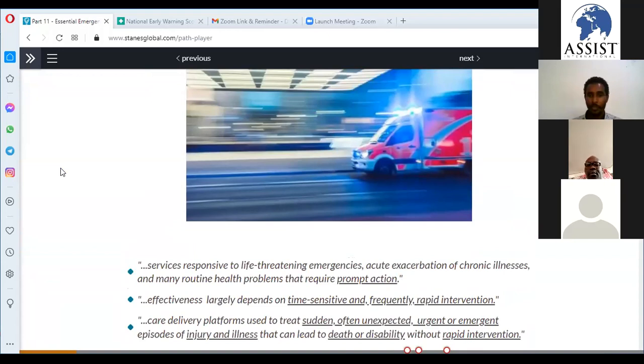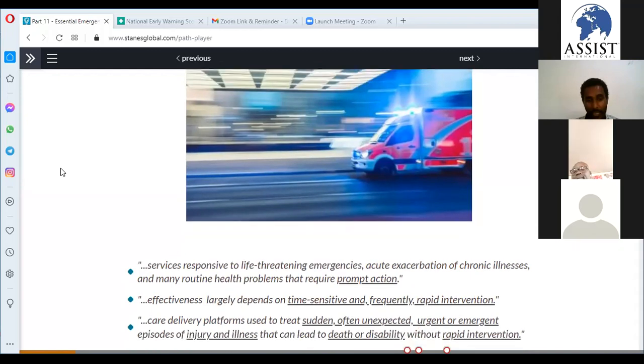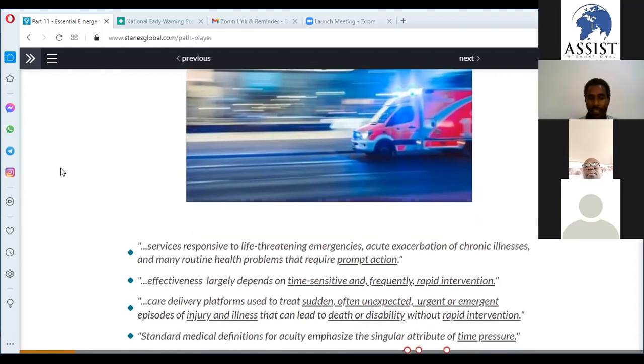The WHO has given a definition: acute care is services responsive to life-threatening emergencies or acute exacerbations of chronic illnesses, and routine health problems that require prompt action, and its effectiveness largely depends on time-sensitive and frequently rapid intervention, and the care delivery platforms used to treat sudden, often unexpected, urgent, or emergent episodes of injury and illness that can lead to death or disability unless we establish rapid intervention.